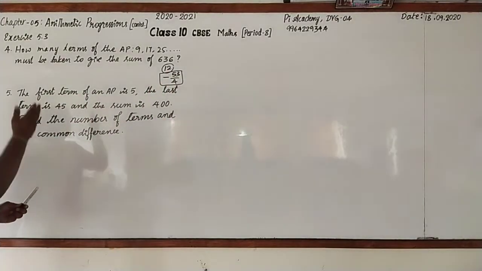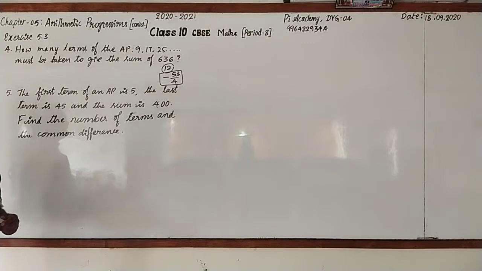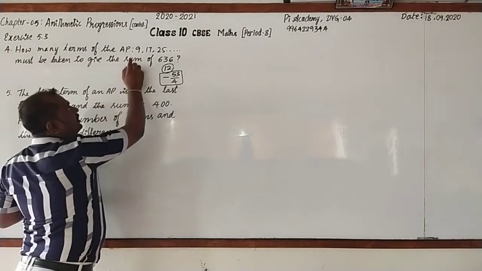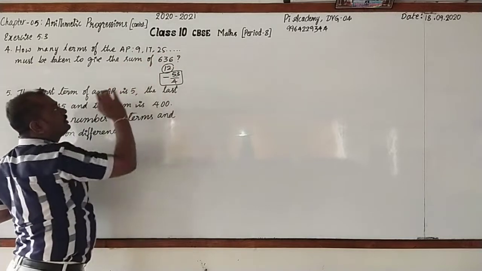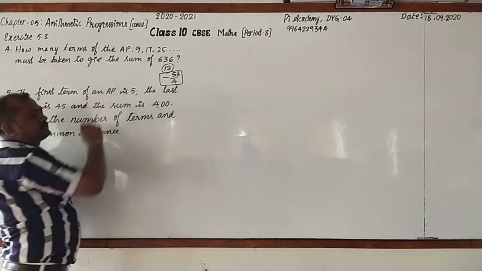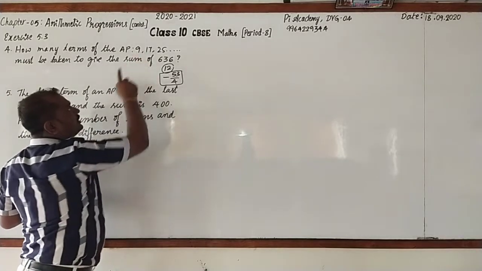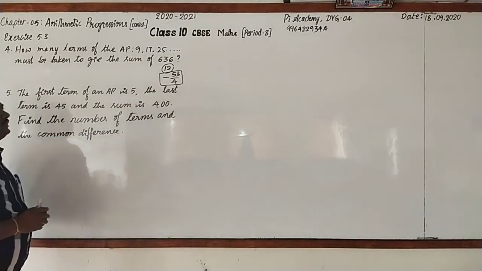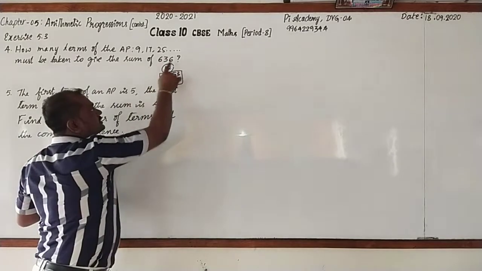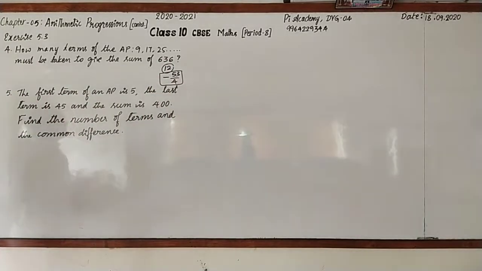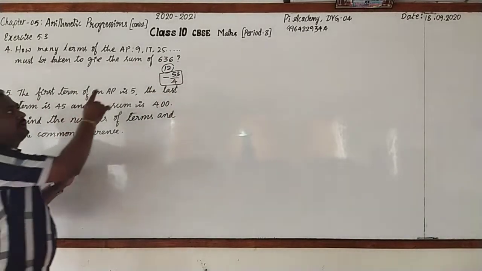So once you go for solving this, before that I give you the hint. Look here, this is the AP, then could you tell what is the first term? It is 9. The common difference is 17 minus 9, which is 8. Then what about 636? It is the sum of n terms, Sn.